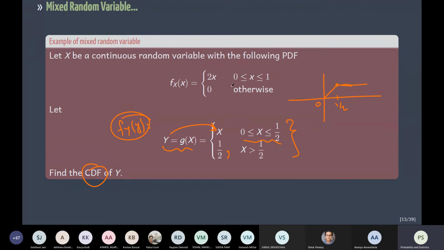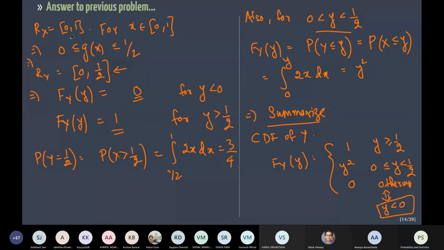So the first step is to know what is the range of x. We clearly know the range of x is the values of x for which the PDF takes positive values, right? So that's how the range of x is defined. So range of x is [0, 1] closed. And then for x in this [0, 1] interval, we know that g(x), which is y, lies between 0 and half.